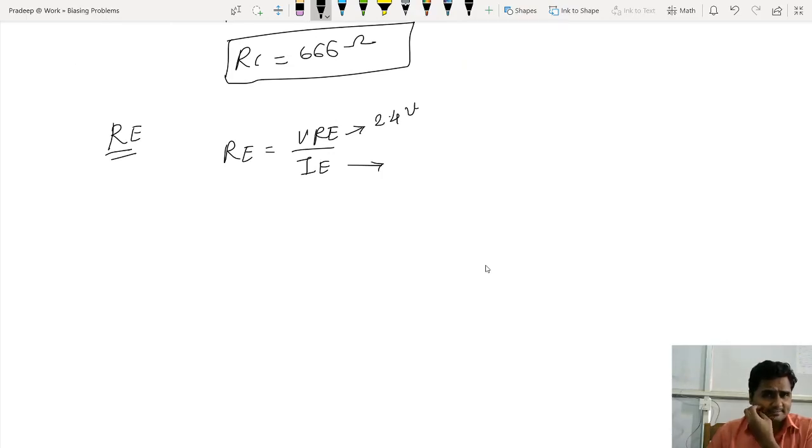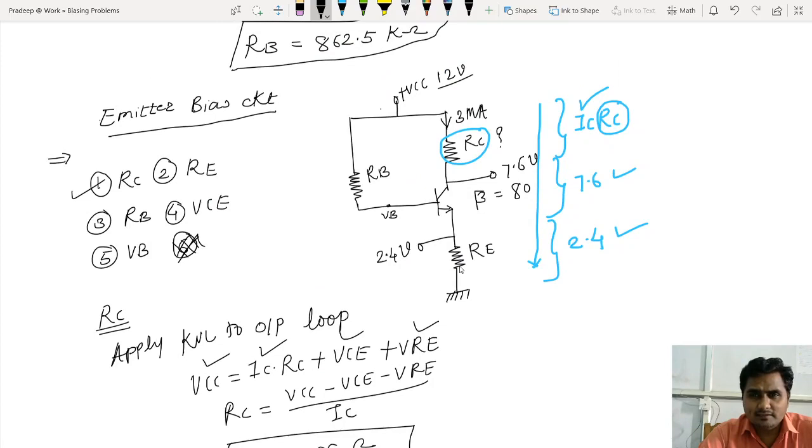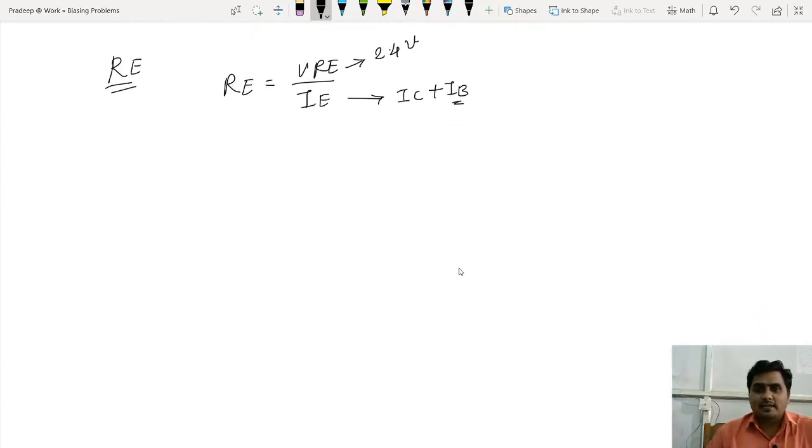IE is equal to IC plus IB. But IB is not given in this statement, so first calculate IB. You remember beta is equal to IC by IB, so IB is equal to IC divided by beta.